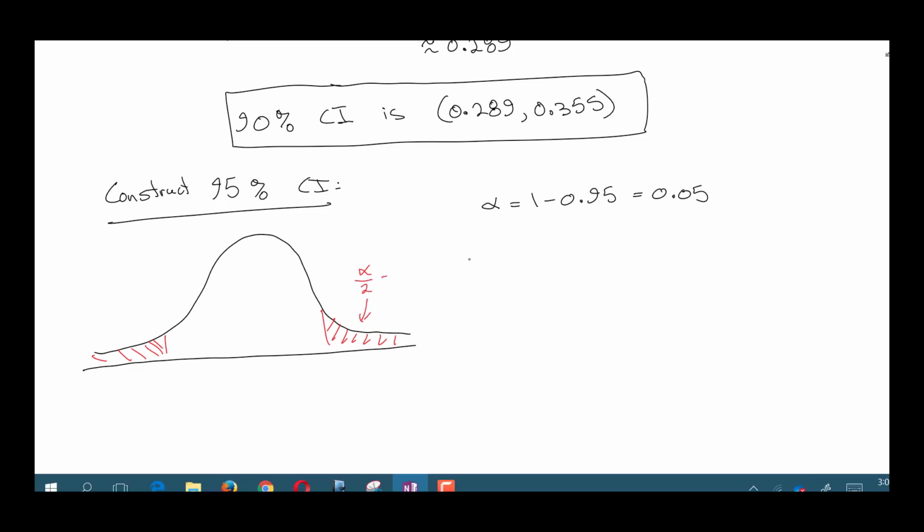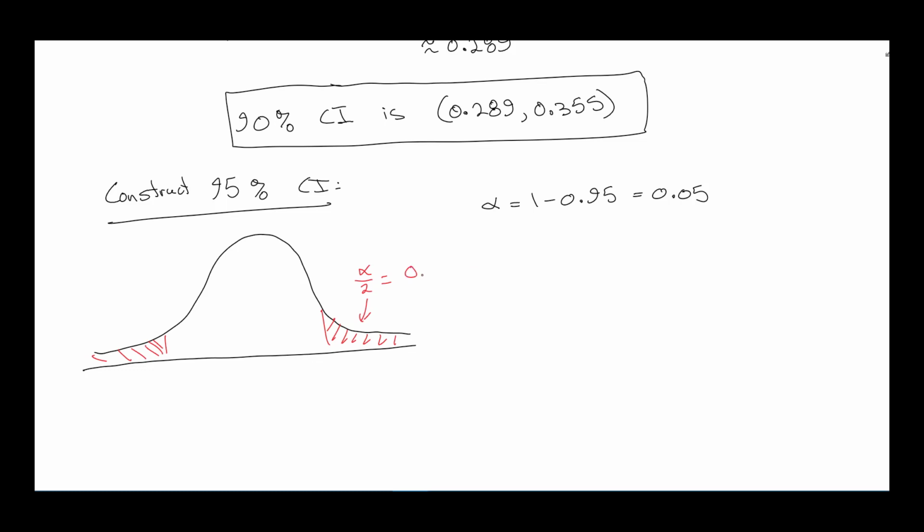So this is going to be half of 0.05, which is going to be 0.025. Okay, same thing over here. Okay, and then when we label this, it's going to be z.025. This will be the negative of that, or the opposite.